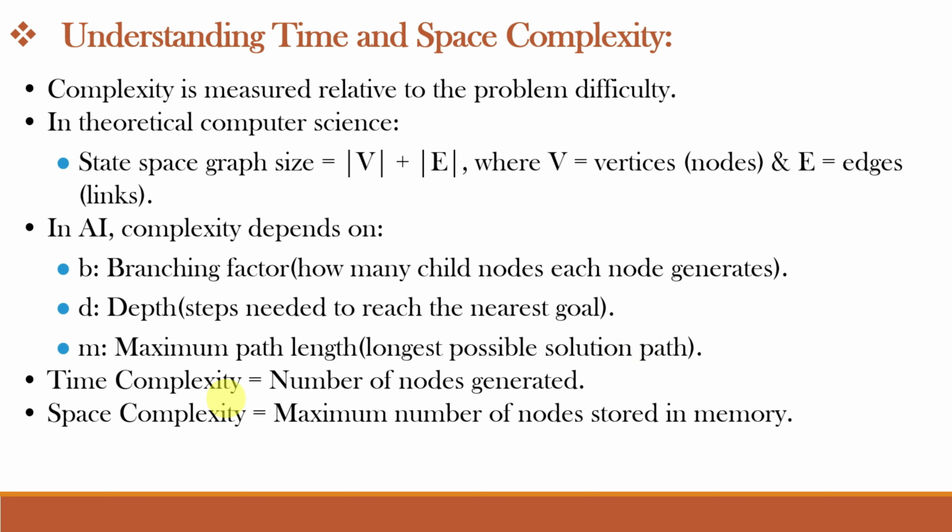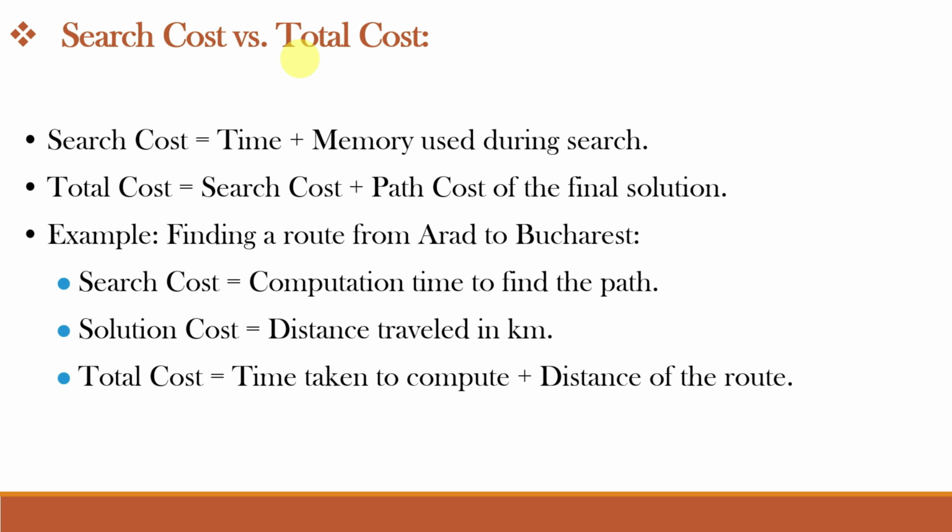So time complexity is equal to number of nodes generated and space complexity is equal to maximum number of nodes stored in memory. That is, time complexity is measured by counting nodes generated and space complexity is measured as the maximum nodes stored.